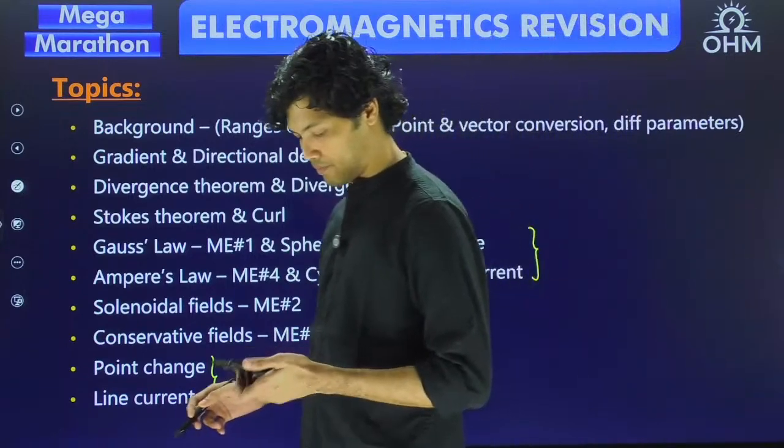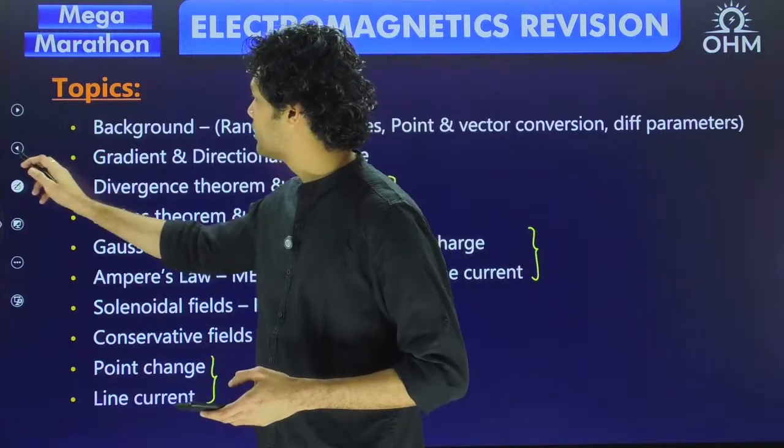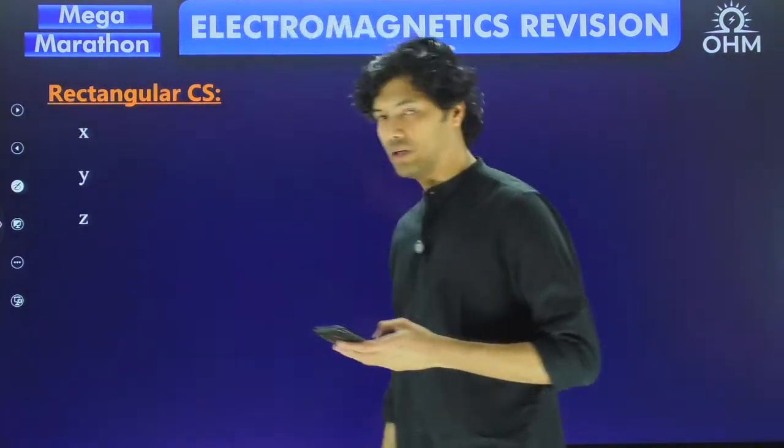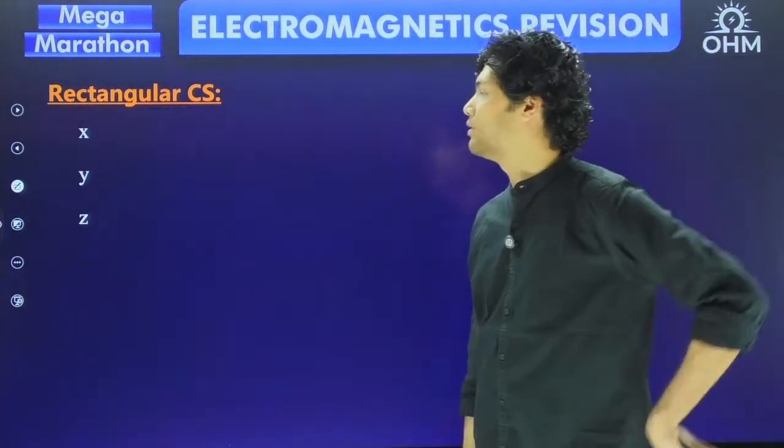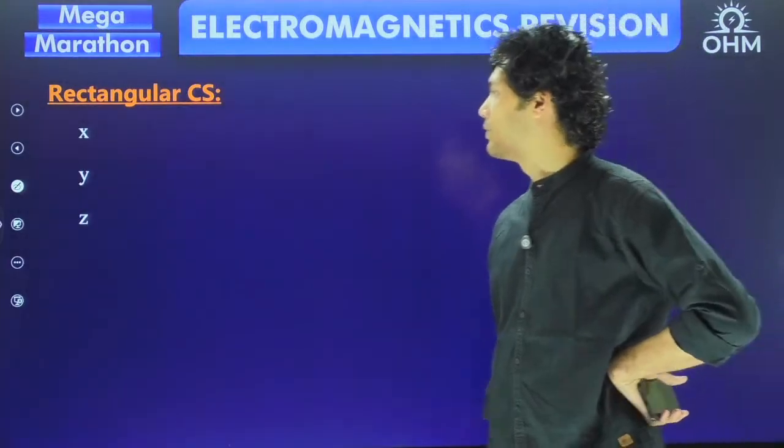Coming to the first coordinate system, which is the rectangular coordinate system. In the rectangular coordinate system, we have three variables x, y, z.